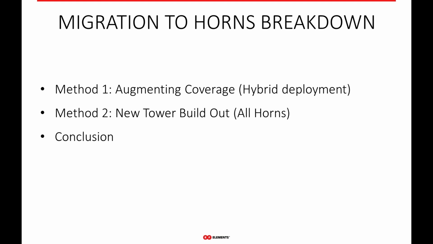This is one method that we'll go over and seems to be the most popular when migrating to horns. The second method is the brand new build out, nothing but horns on your tower sites. These are the two. Then we'll go through the conclusion to wrap up these two methodologies for migrating horns into your network and go over some of the pros and cons.